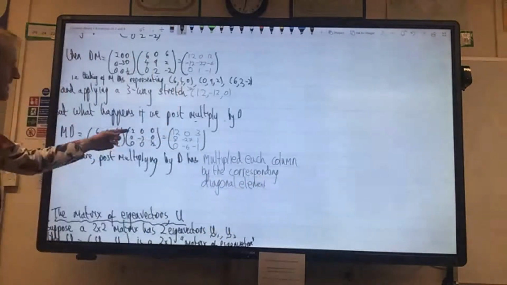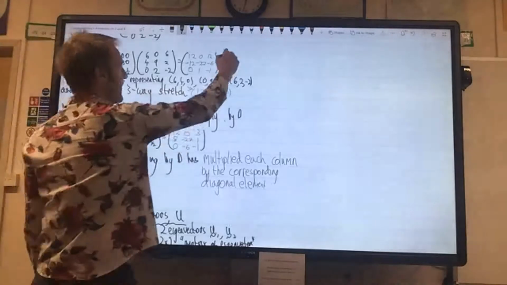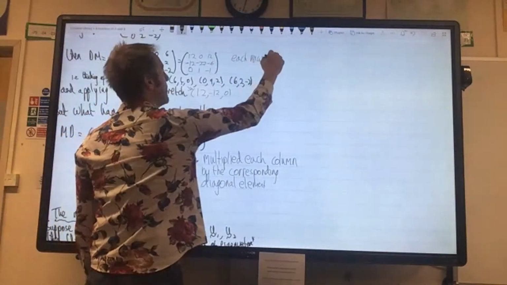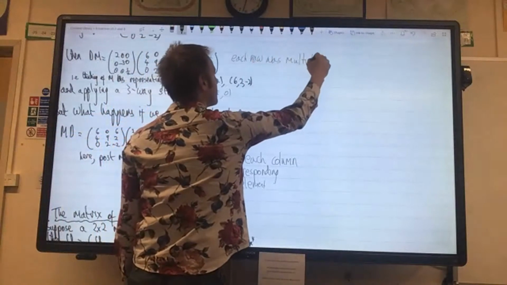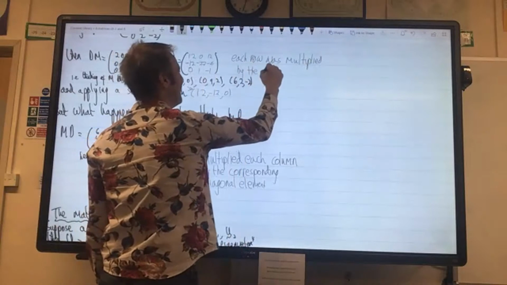You multiply the first column by 2, the second column by minus 3, and the third column by half. Here, each row was multiplied by the corresponding diagonal element.